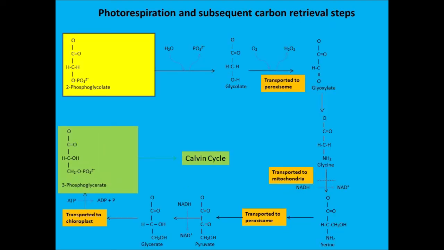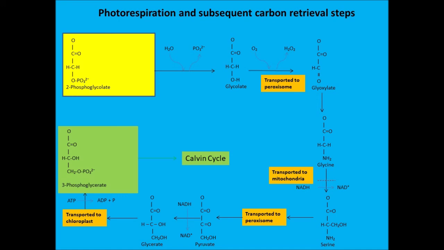The carbon retrieval process begins with the conversion of the phosphoglycolate to glycolate by the addition of water and the removal of a phosphate group. The glycolate is then transported to the peroxisome, where oxygen is added to convert the glycolate into glyoxylate with the release of peroxide.